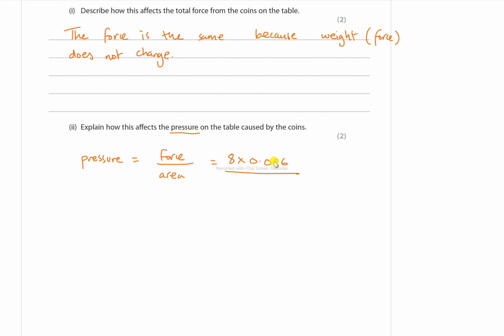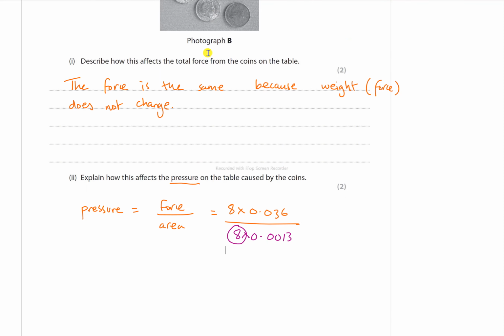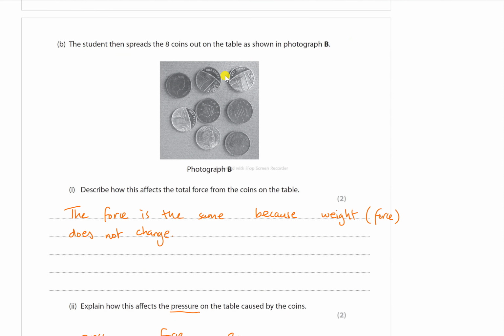But the area is now 8 times bigger, 0.0013, because it's spread out over 8 coins. So if you look here, it's no longer acting just here. Now they've spread it out, so the pressure on each is less.